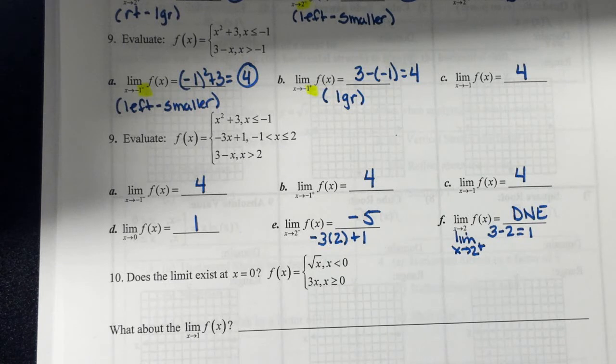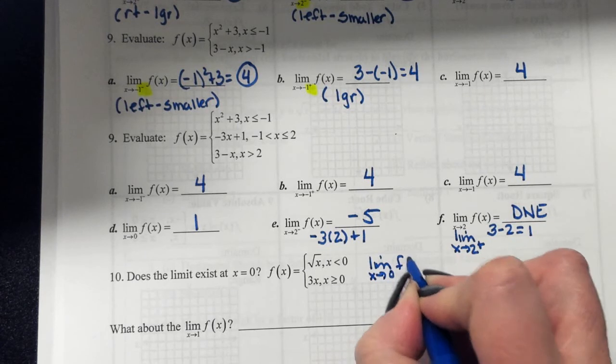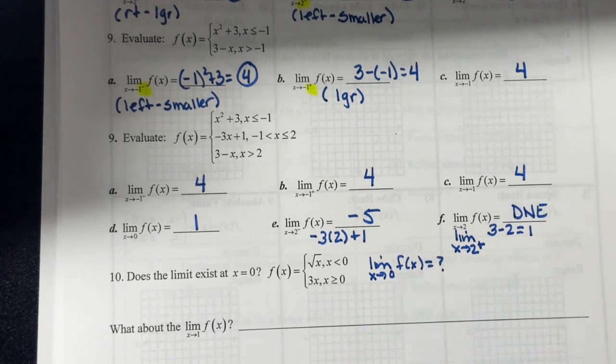So let's look at number 10. Does the limit exist at 0? So the question really needs to know, does the two-sided limit exist? Does the limit, as x approaches 0 of f of x, exist? Well, in order for this to exist, what has to happen on the left and on the right of 0?